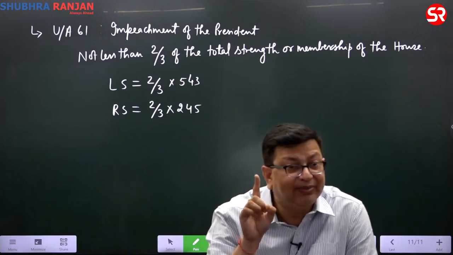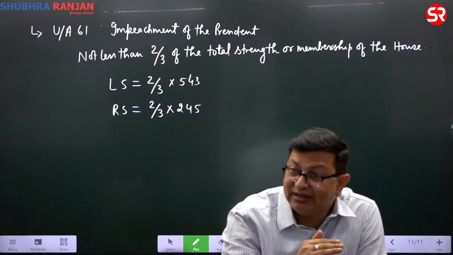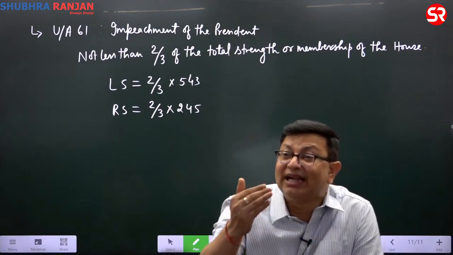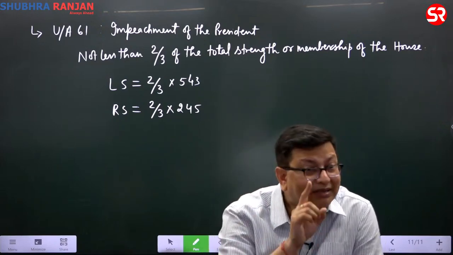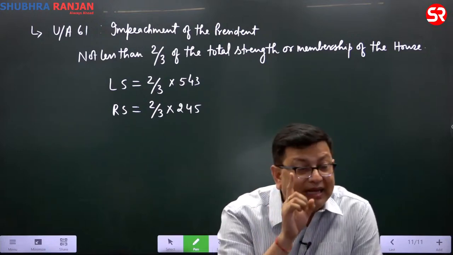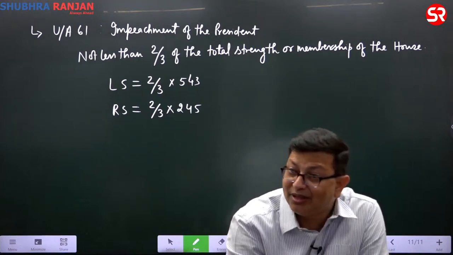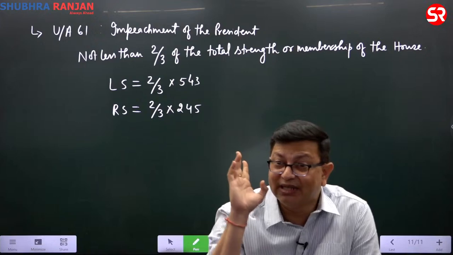After the House of Representatives passes it, it will be transmitted to the Senate, and the Senate is the main house, and in the Senate a 2/3 majority is required for the passage of the resolution.